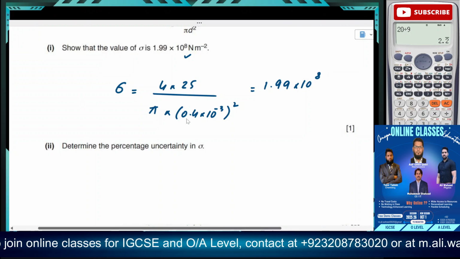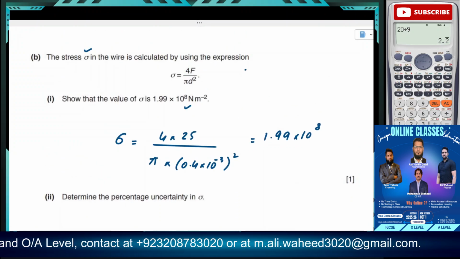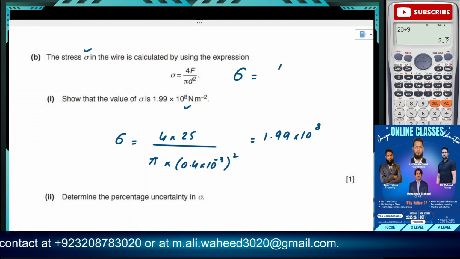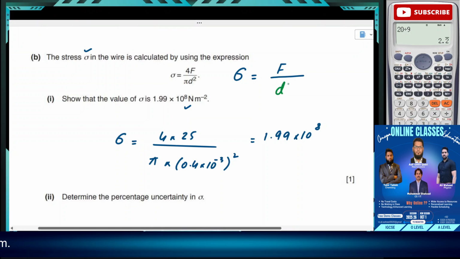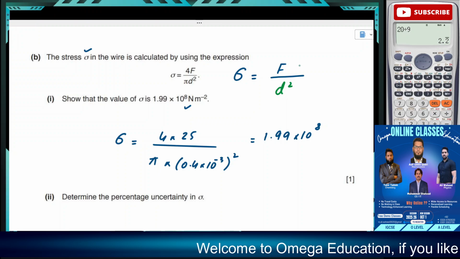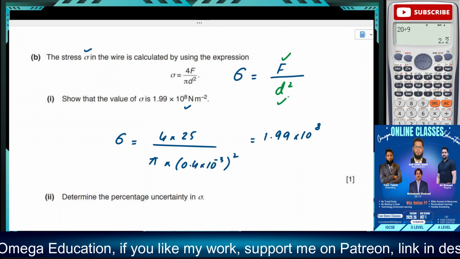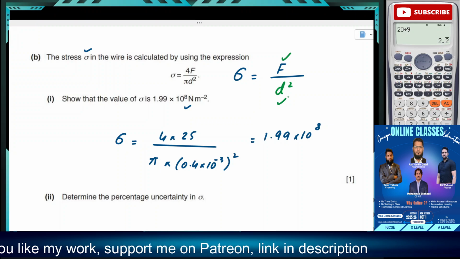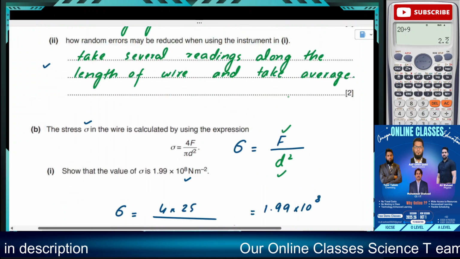Determine the percentage uncertainty in sigma. So for the percentage uncertainty, we're going to ignore the constant numbers. If I ignore the constant numbers which have no units, I'll be left with F and d square. So I'll need to find the percentage uncertainty in F, twice the percentage uncertainty in d, and I'll simply need to add them.